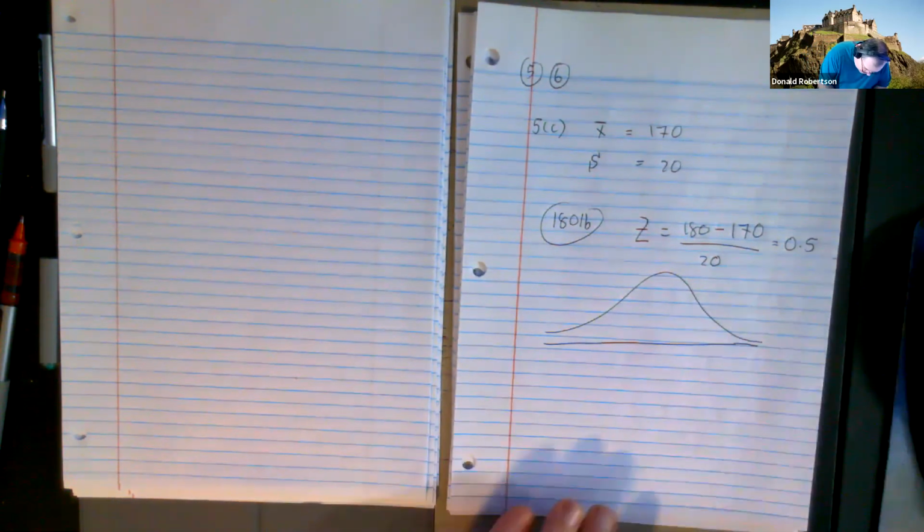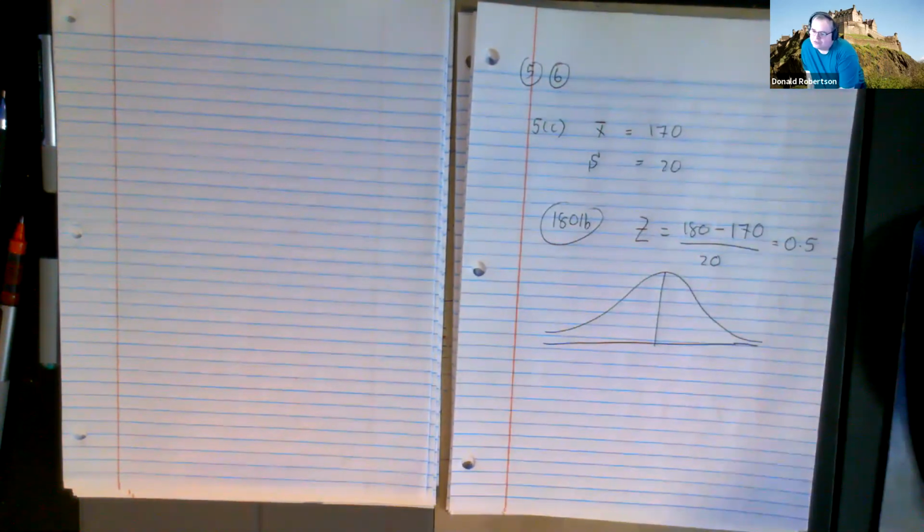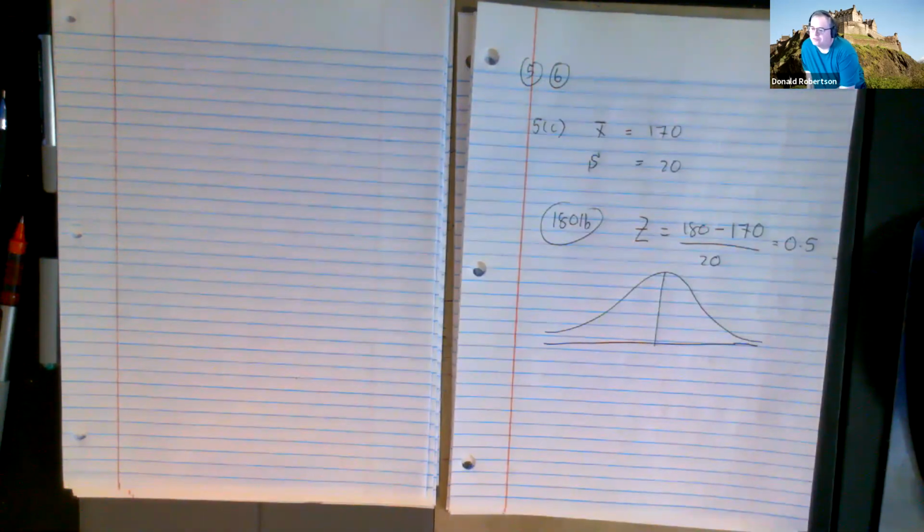Now, what Z score does somebody who has the average mean get? What would the Z score be if somebody weighed 170 pounds, for instance?